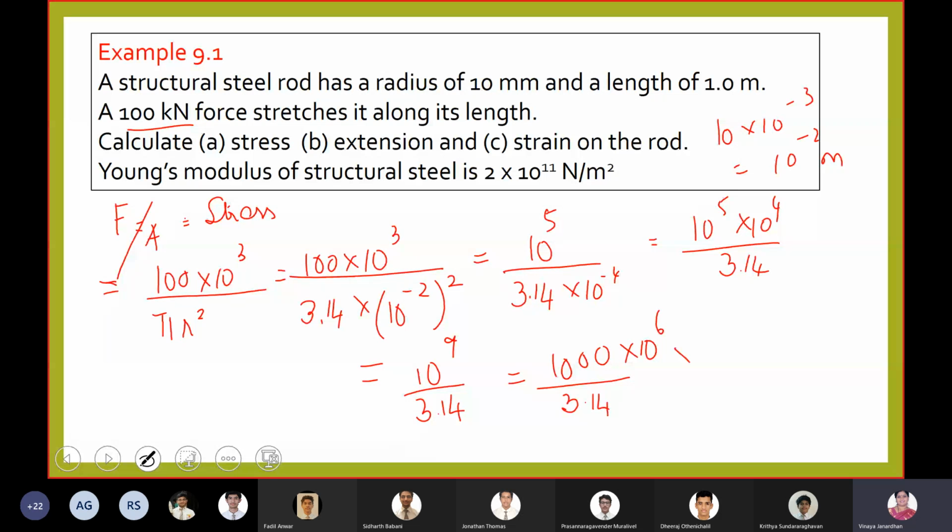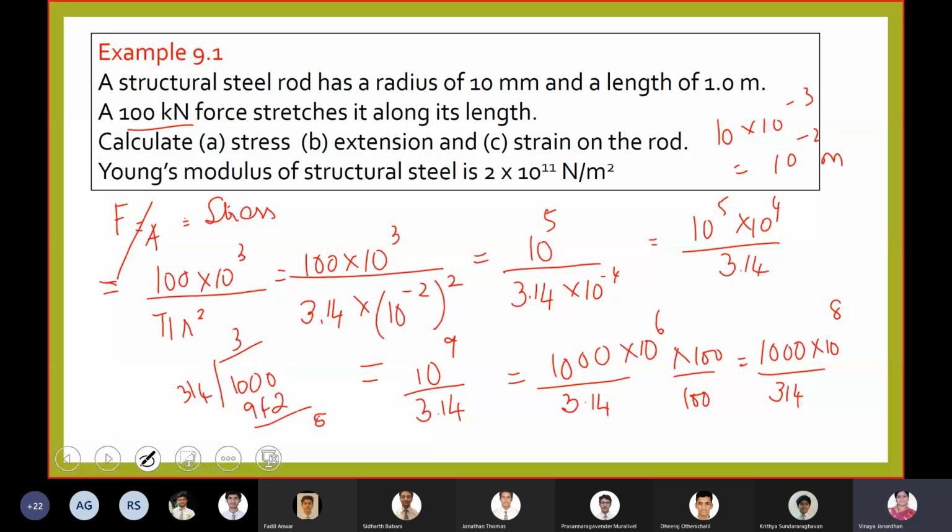Or multiply by 100. Now I'm just doing my method. You can do by your 1000 into 10 to the power of 8 divided by 314. If I divide 1000 by 314, I think 3 times 12, 1, 3, 4, 9, right?